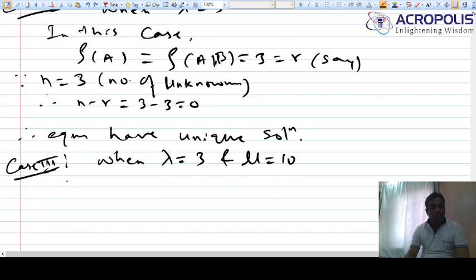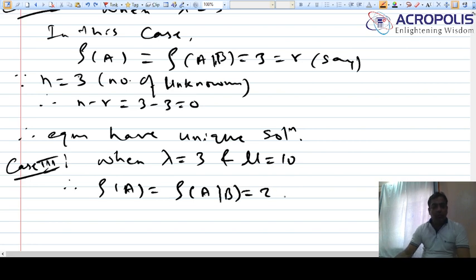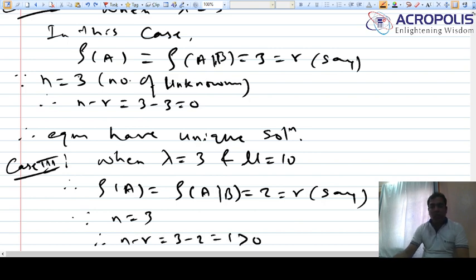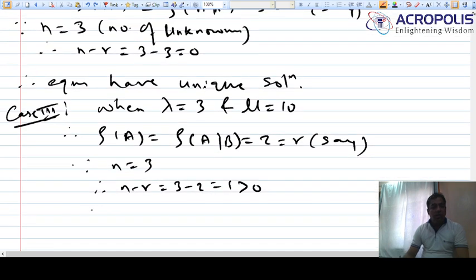Fine. Therefore rank of A is equal to rank of augmented is equal to 2, which is r. Since n is equal to 3, therefore n minus r, that is 3 minus 2, is equal to 1, which is greater than 0, and this is the case of an infinite number of solutions.